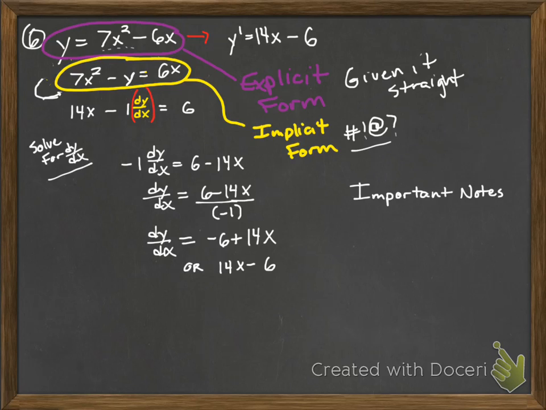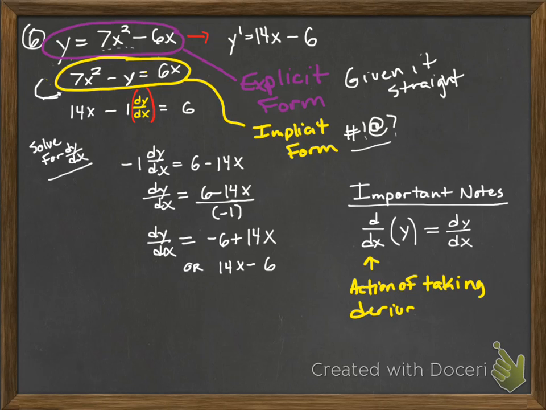It's important to note that this differential notation can be confusing. What it means is that d dx that you see here is the action of taking a derivative. If I do it of y, it would be dy dx. If I do it of w, it would be dw dx. If I take the derivative d dx of, I don't know, somebody's name, Alfonso, it would be d Alfonso over dx. It's the action of taking the derivative.